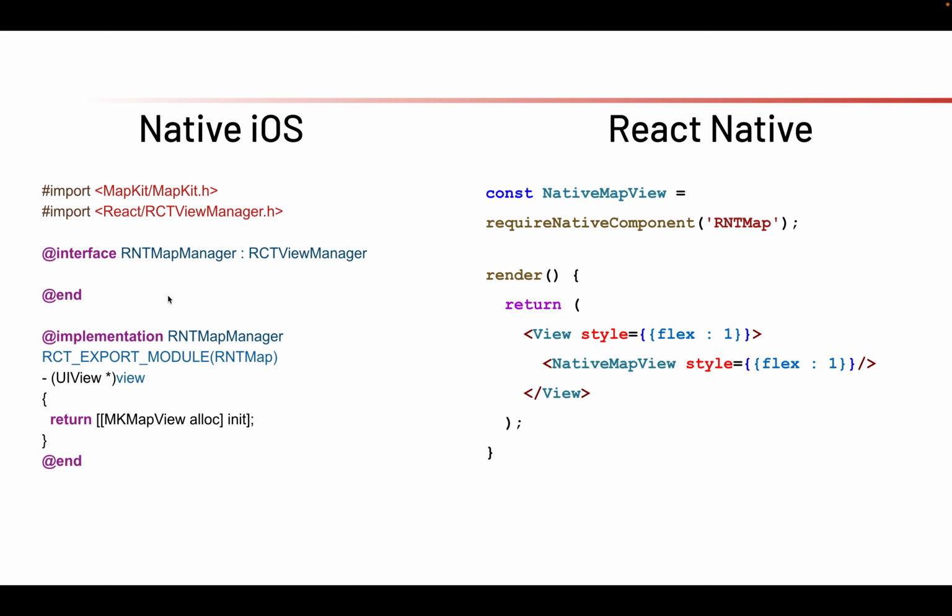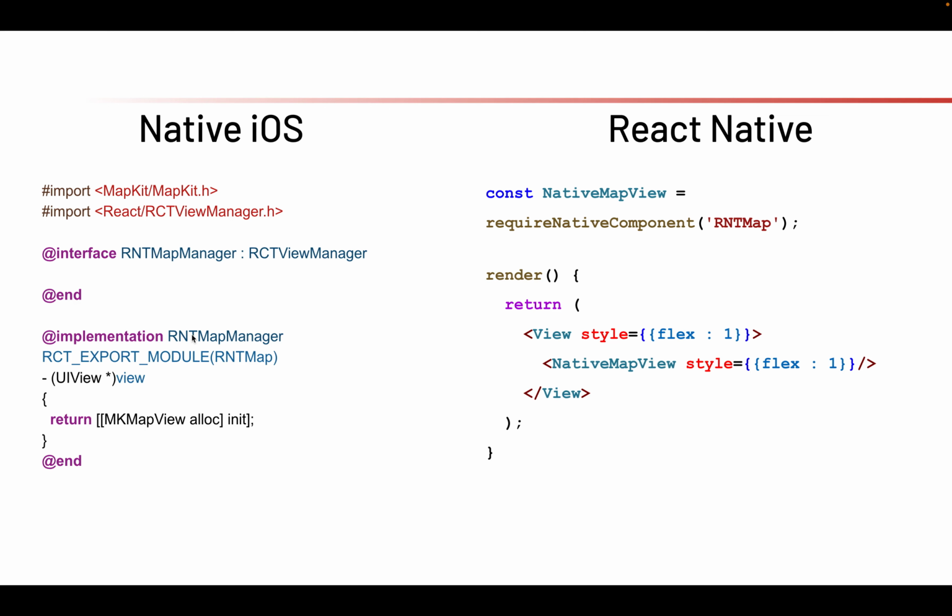In the MapKit framework we have MKMapView, which is used to render the Apple map. This is Objective-C code, so I have to create one interface. I am creating one RNTMapManager, which is derived from RCTViewManager.